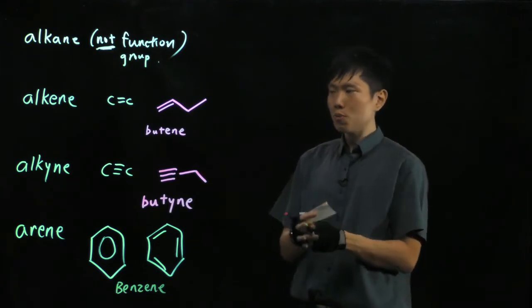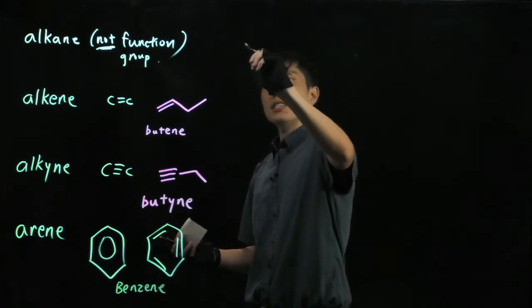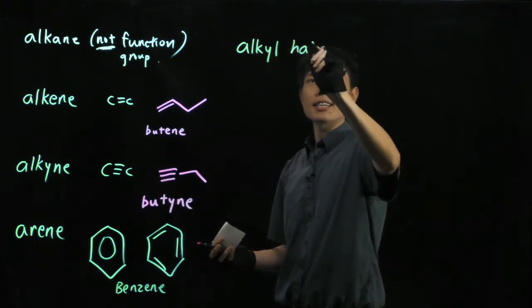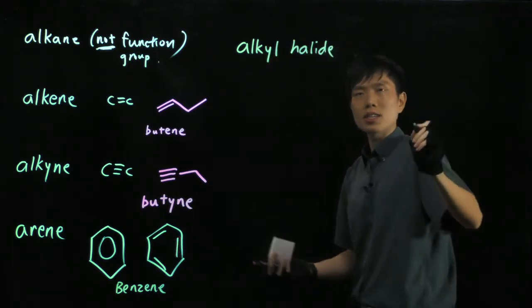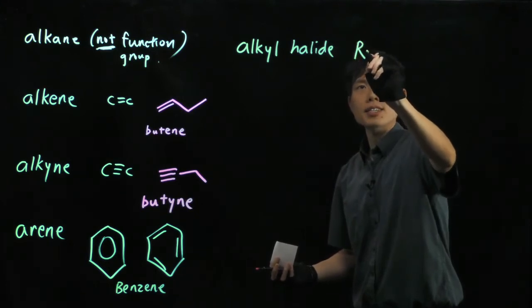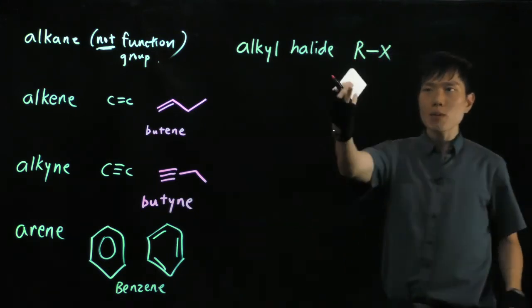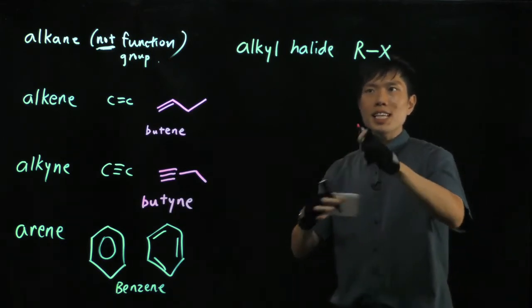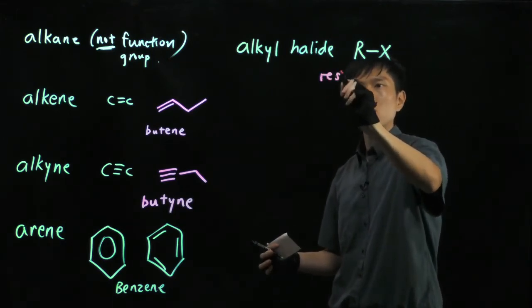The next functional group is the alkyl halide. In short, we call them RX. R, in organic chemistry textbooks, you might see it many times, capital. This stands for the word residual.